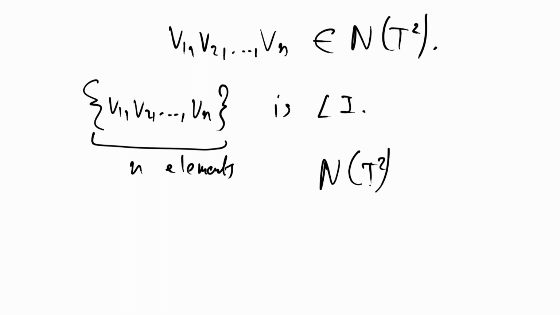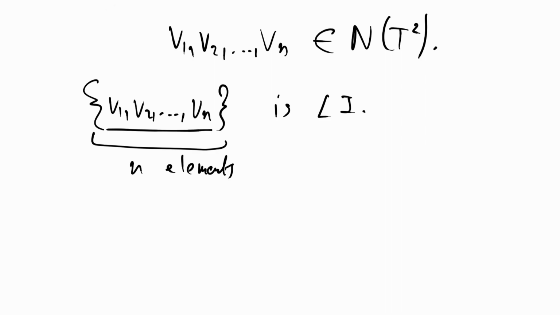And what's the dimension of N(T²)? Well, the dimension of N(T²) is just n. We've shown that earlier. So this set is a linearly independent subset of N(T²) that contains n elements.